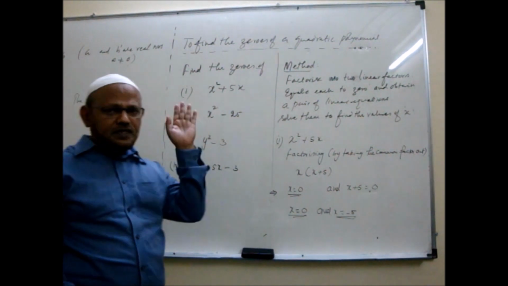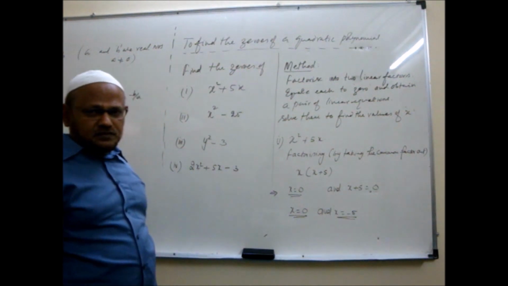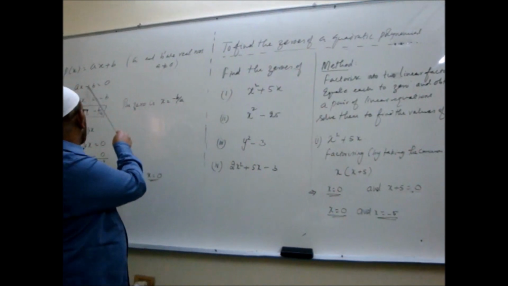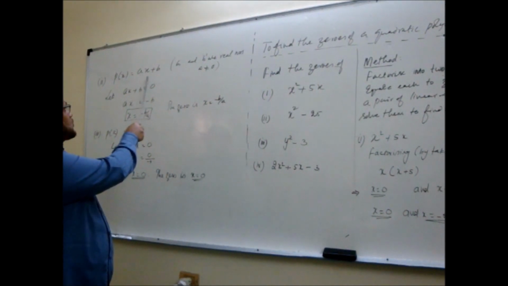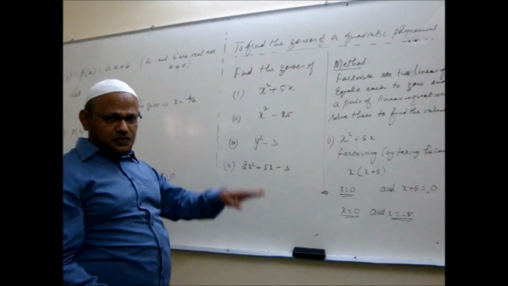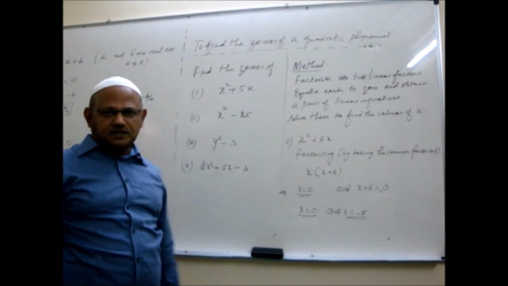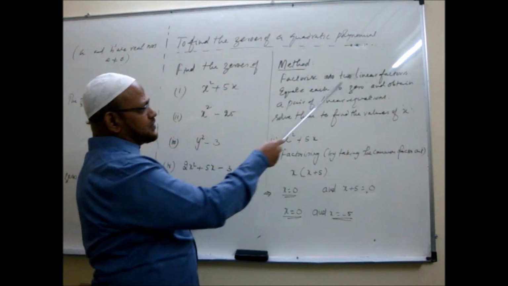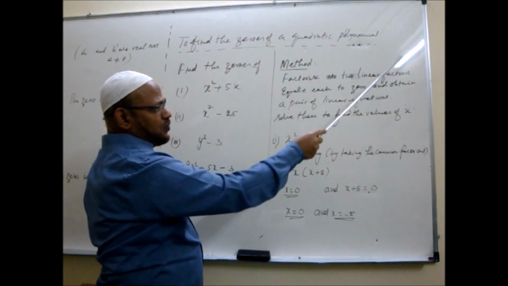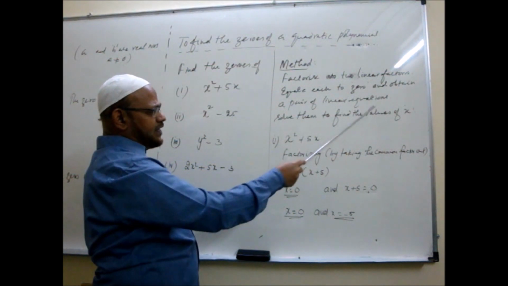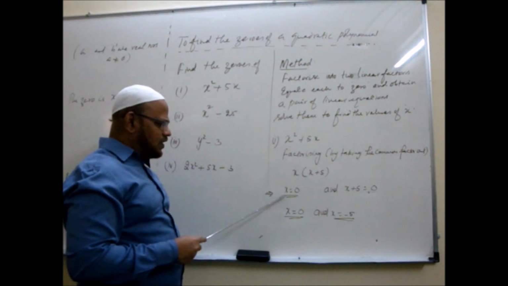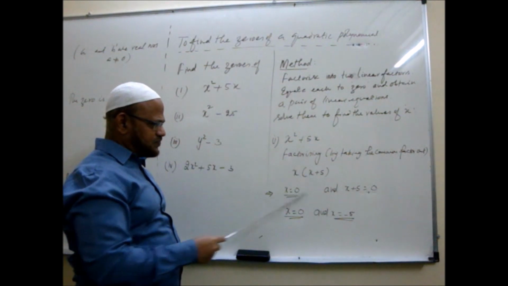Each linear factor equal to 0, then each one will become a linear equation like the one we did below. So you equate each linear factor to 0 and get the value of x from that. This is the method: factorize into 2 linear factors, equate each to 0 to obtain a pair of linear equations, and solve for x. Find the value of x from that.